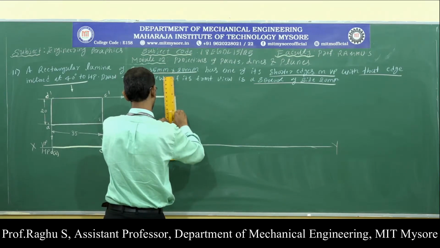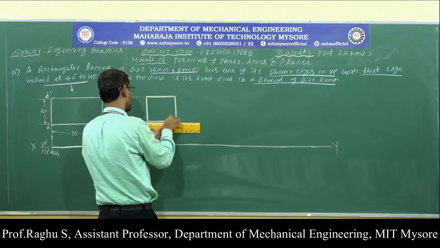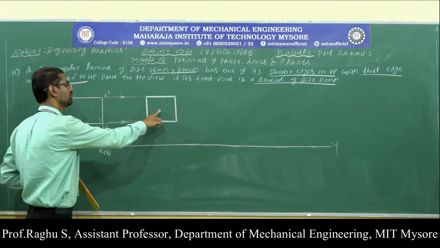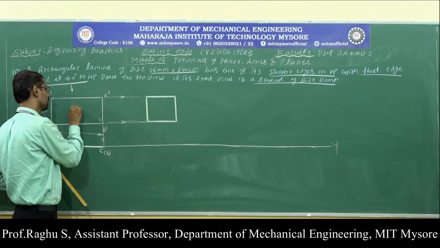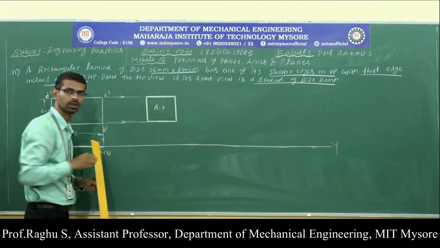So this is the apparent shape. When you rotate the lamina, the rectangular lamina appears as a square. So this is the true shape, and this is called the apparent shape, right?